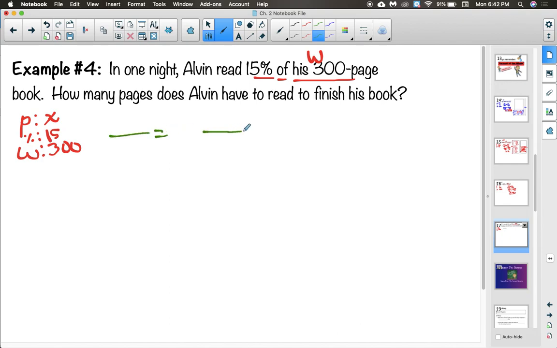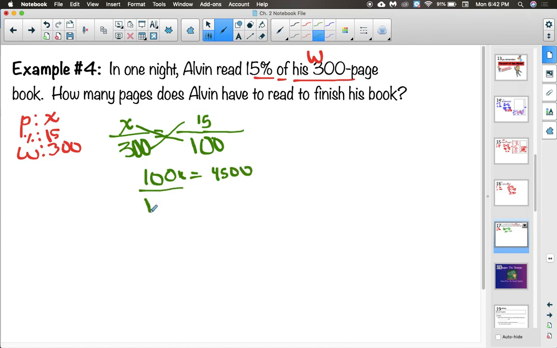Okay? So part is X. The whole is 300. The percent is 15 over 100. And we are going to cross multiply. X times 100 is 100x. 300 times 15 is 4500.